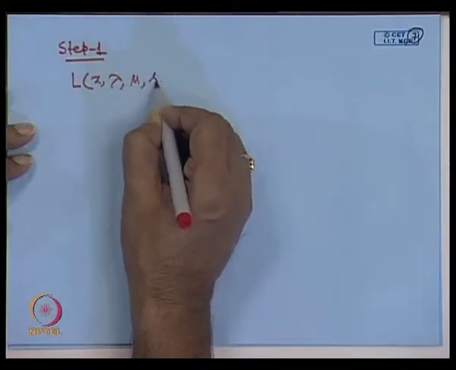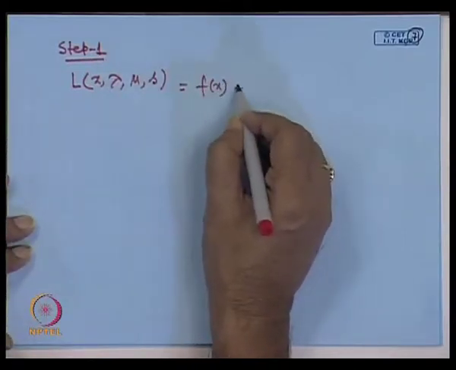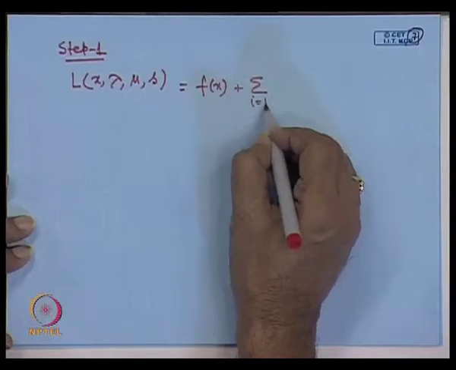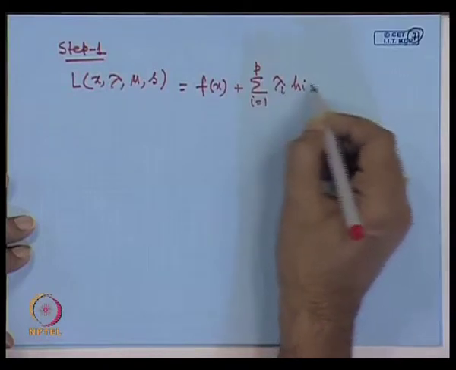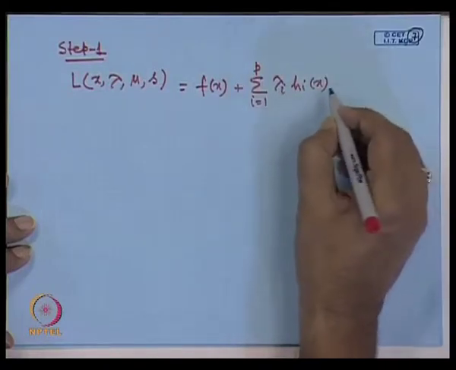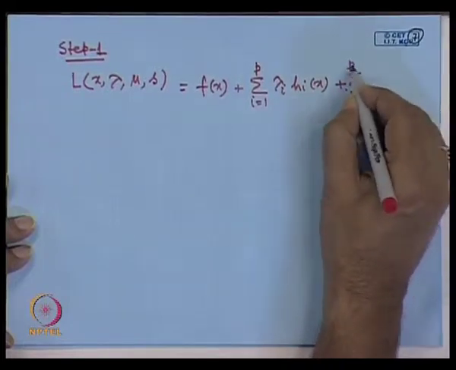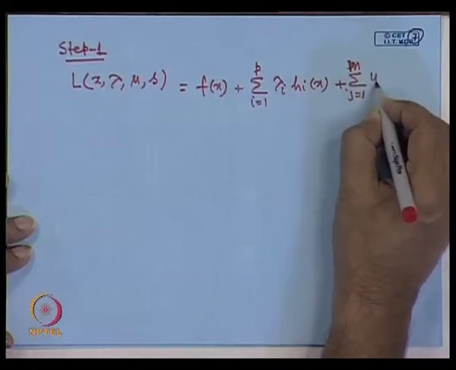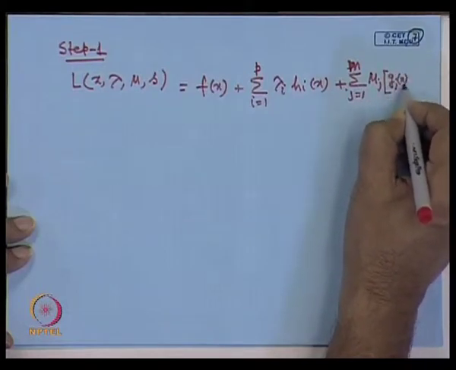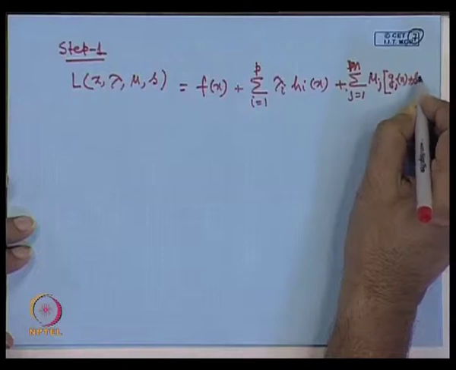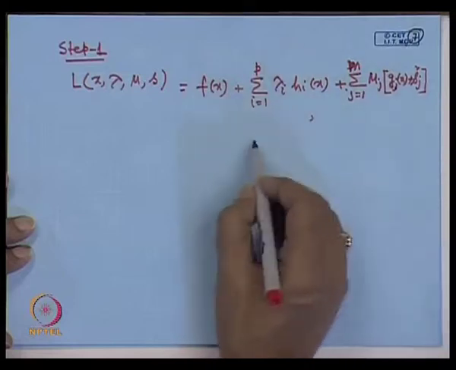This equals f of x plus the summation of i equal to 1 to p lambda_i h_i, plus the summation of j equal to 1 to m mu_j multiplied by g_j of x plus s_j square.